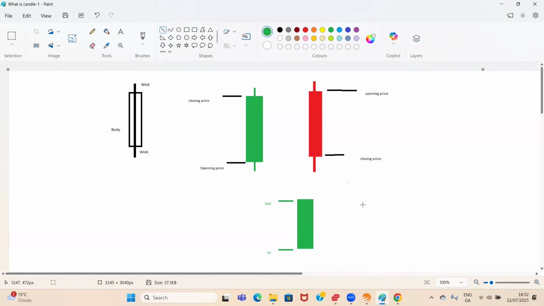You can apply the same concepts everywhere. So I listed my stock at 30. The price opened at 30. But as and when you guys started buying, it went up to 100. Now I am at 100 rupees per stock, right? So there was no selling in this.